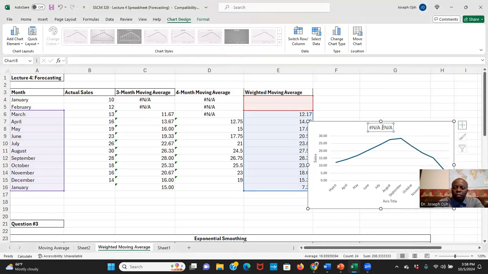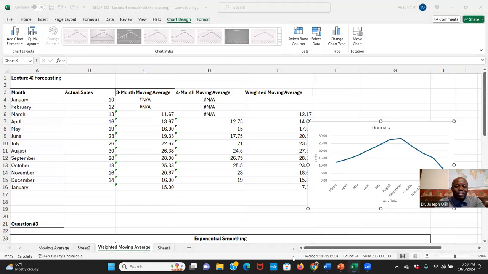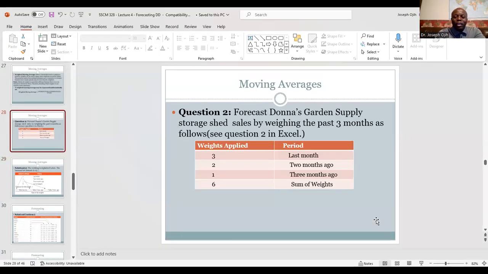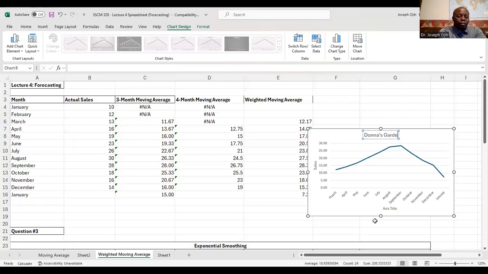So I'm going to add the company name. What is the name of the company? Let me go and get the name again. Okay, let's see. Donner's Garden Supply, yes. Donner's Garden Supply sells.